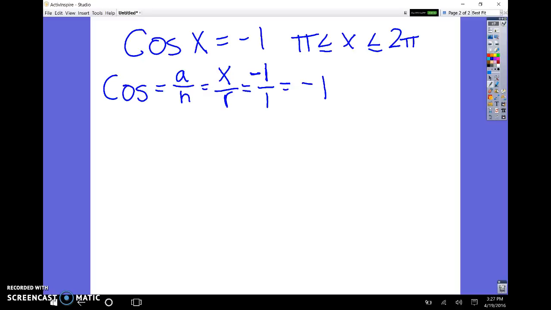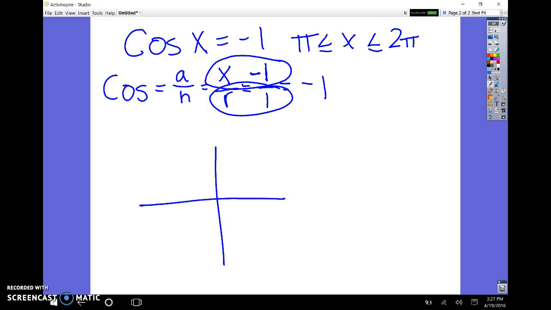So this tells me that I have an x coordinate of -1, and I'm going to have an r side of 1, okay. So you go to draw your coordinate plane system, and we're going to pick a different color so we can see it better, and you're like, oh, okay, so I know I'm going to be between pi and 2 pi.